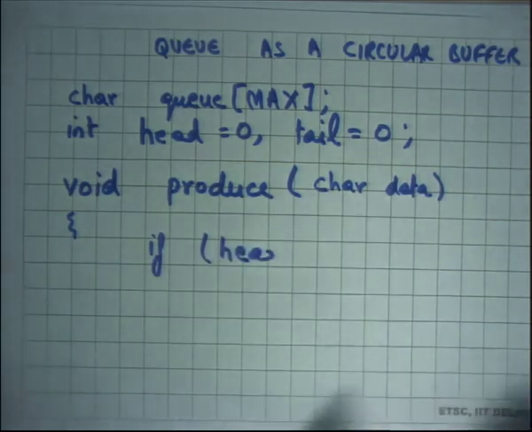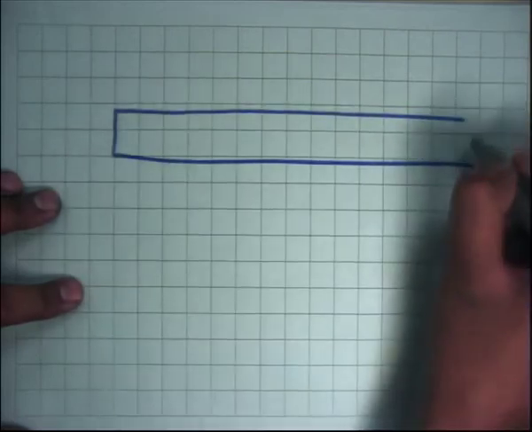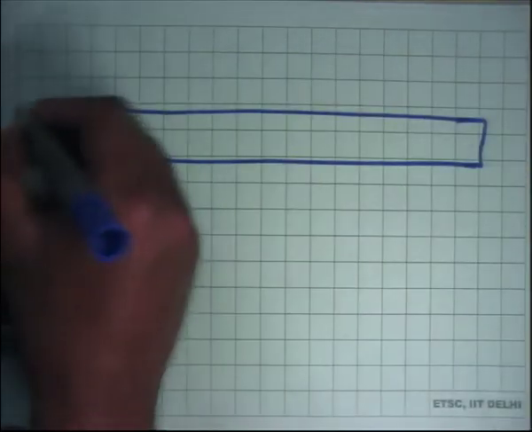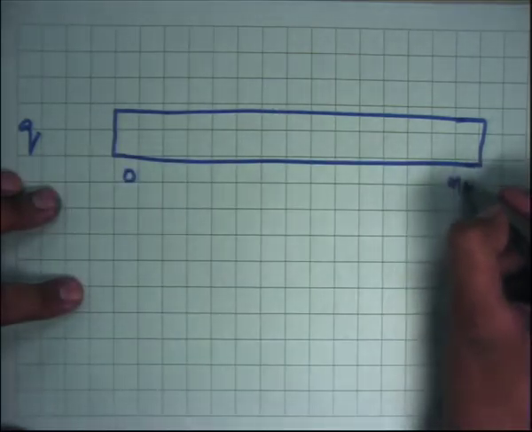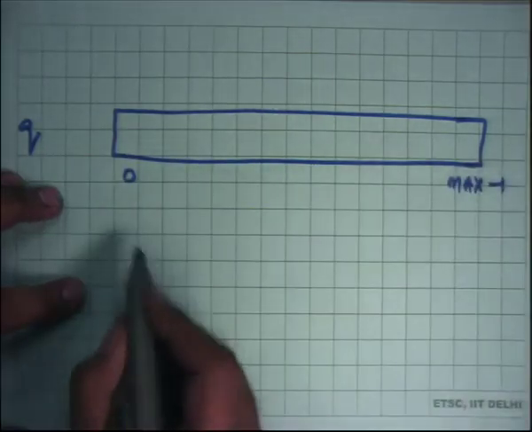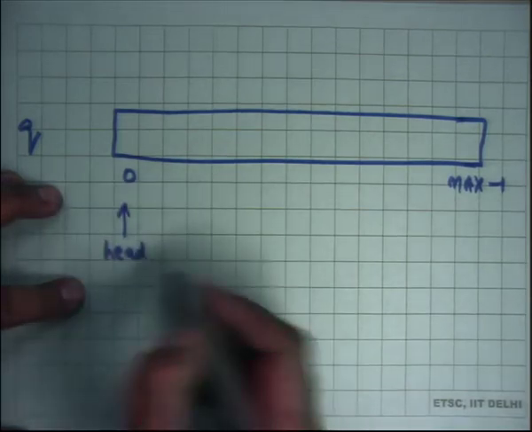Right. So let me just first draw the queue just to make sure we understand this. So let's say this is my array, this is q, and this is element 0 and this is element max minus 1. Initially this is head and this is also tail.